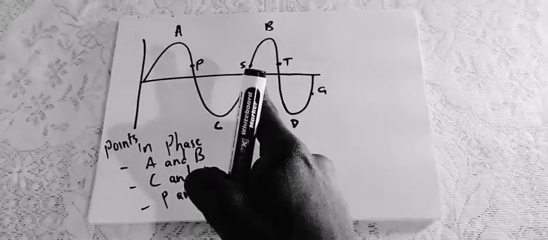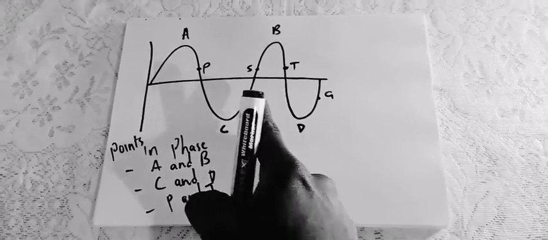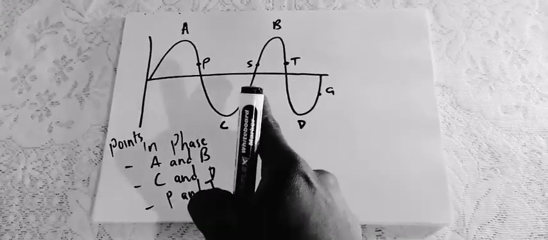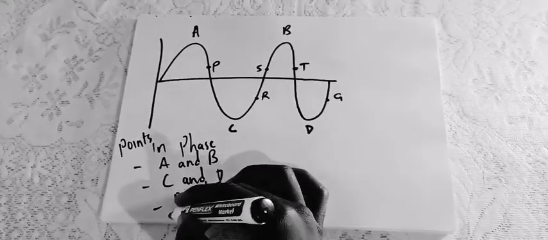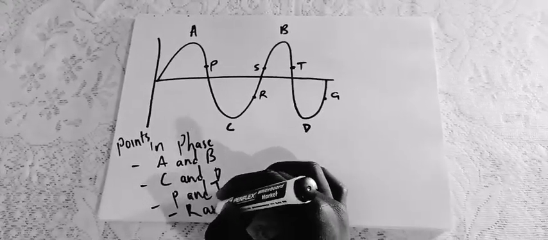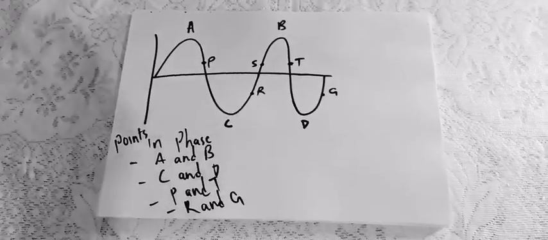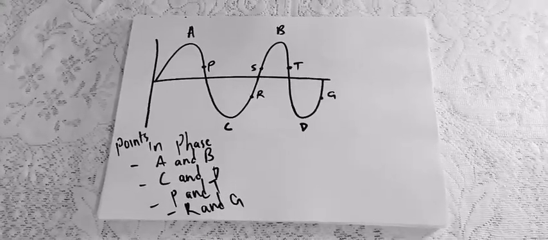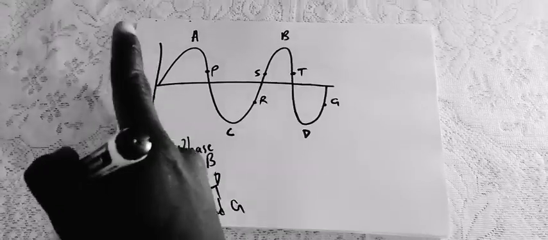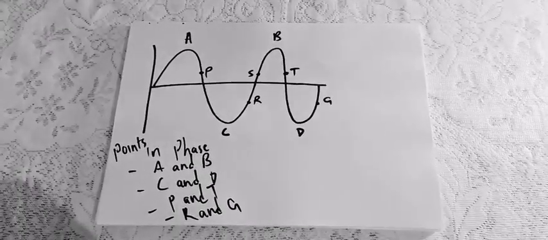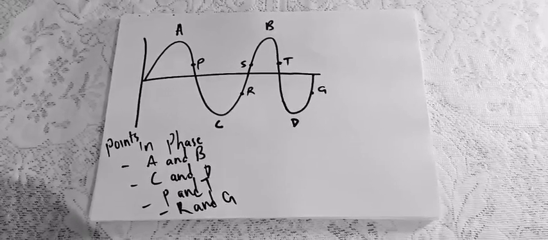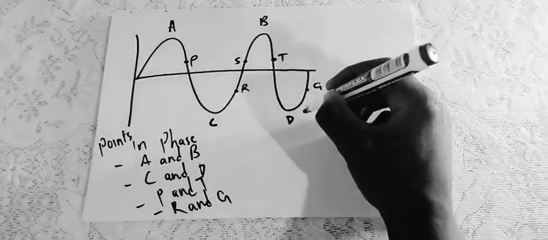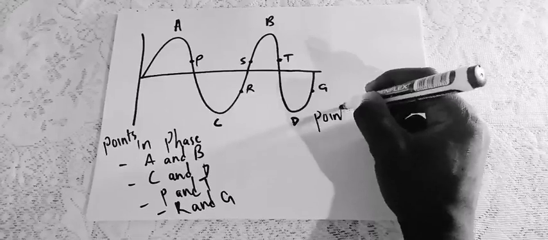All right, and R and G, they are also in phase. I don't know if you get that. So points that are in phase, it is a trough and a trough, or a crest and a crest. Points that are out of phase, it is a trough and a crest. I don't know if you get that.